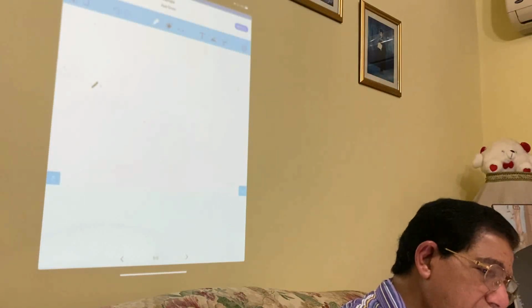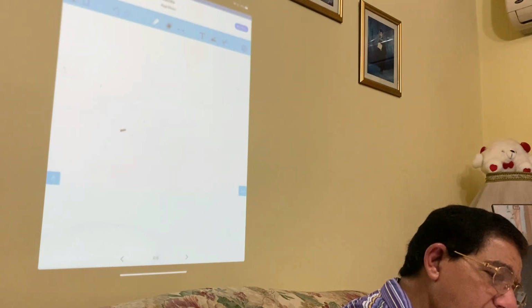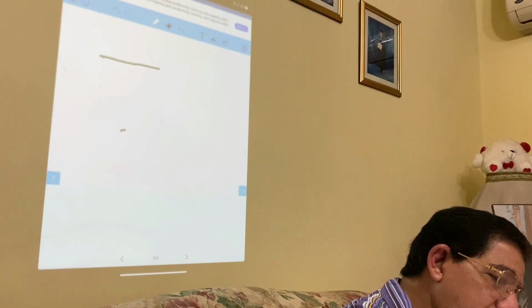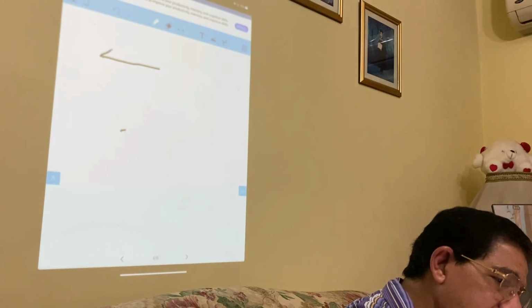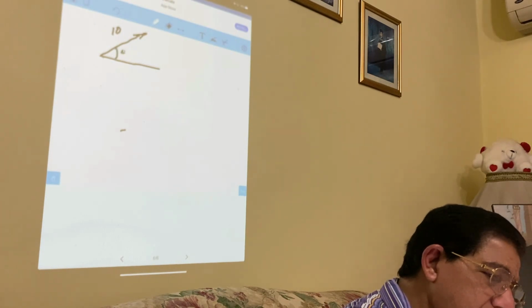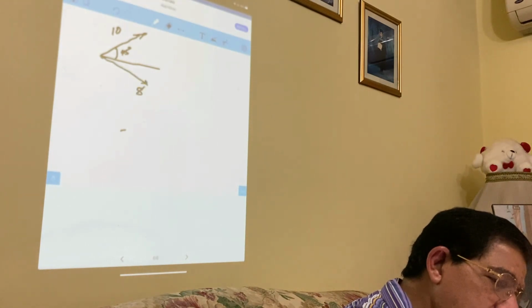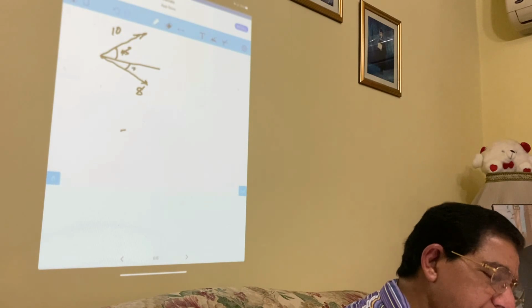Example 3, say that if we have two forces, one of 10 Newton making 45 degrees, and the other force of 8 Newton making 30 degrees.